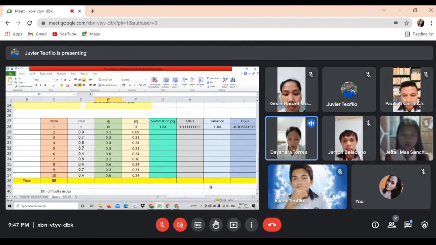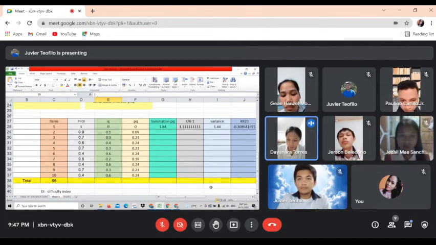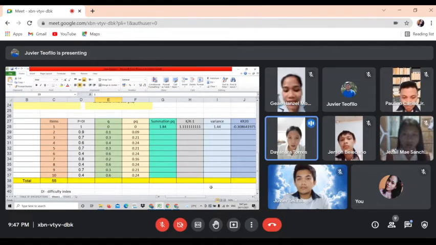For our variance column, we are going to use our calculator. We just press the mode, then press number 2 for stat, and then number 1 for variance. After that, we plug in all the scores of the students. The scores of the students we have are 6, 5, 8, 6, 4, 6, and 8.